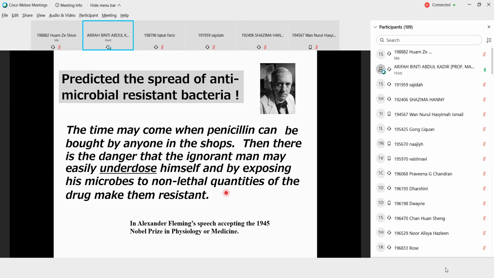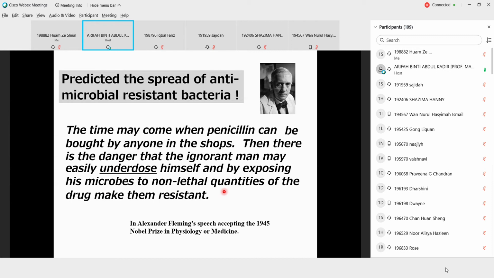That's why we have a law now saying you cannot buy antibiotics from pharmacies. You cannot go to any pharmacy and buy antibiotics. It's only under prescription, which means you need to see a doctor, and the doctor will prescribe the antibiotics accordingly.